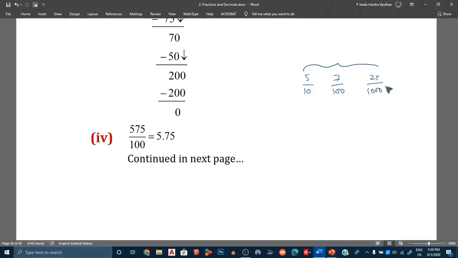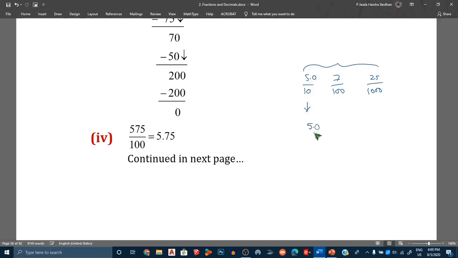Decimal fractions can be converted directly without doing any divisions. How to convert this into decimal form? If you take 5 by 10, write 5 here. Otherwise, you can write 5 as 5.0 also.